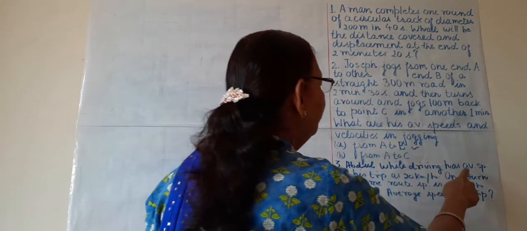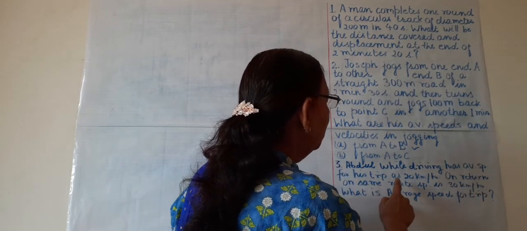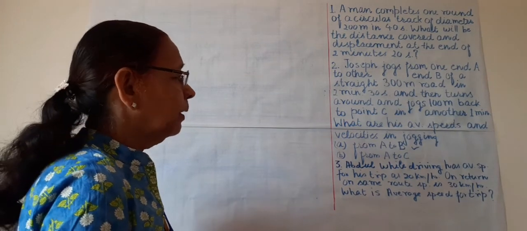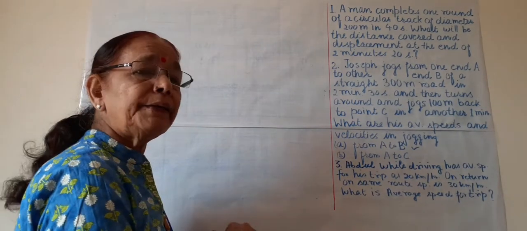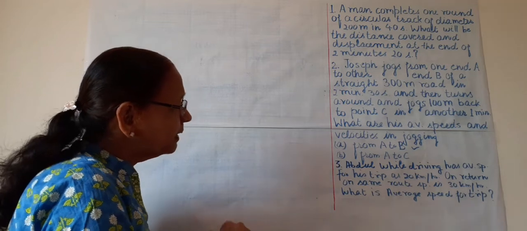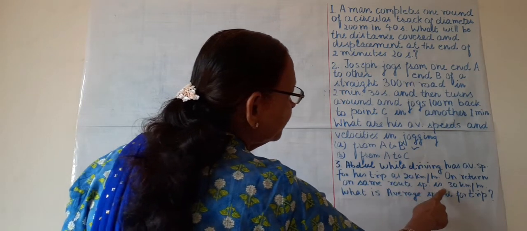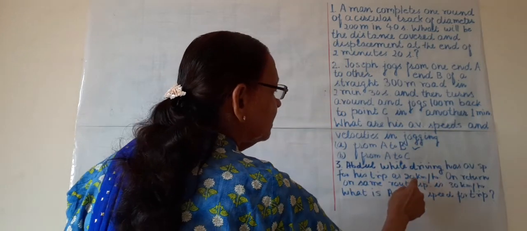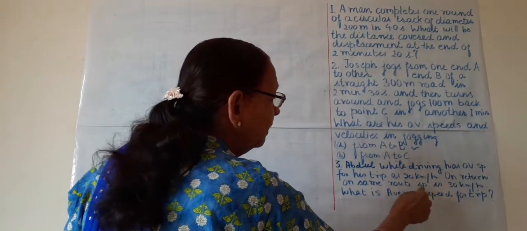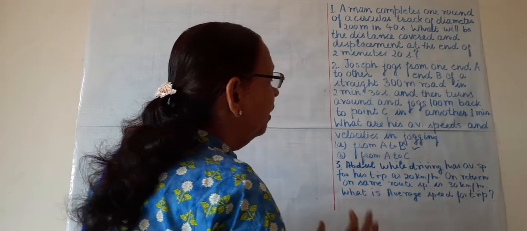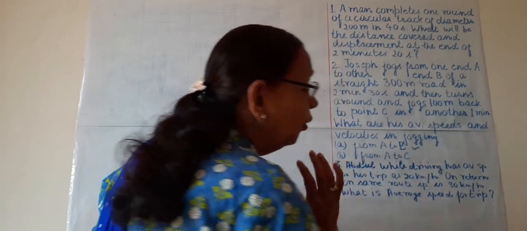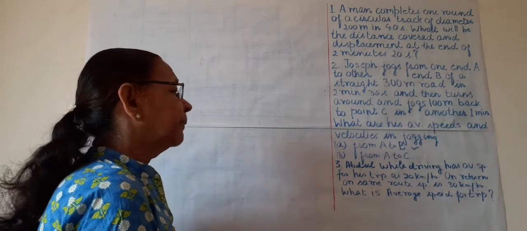His average speed initially is 20 kilometers per hour. On his return, he returned on the same route or the same path, and now the speed is 30 kilometers per hour. This is the average speed of going. This is the average speed of coming back. What is the average speed for the total trip?